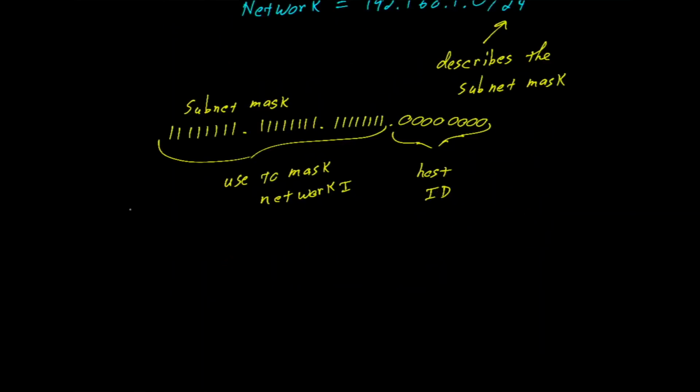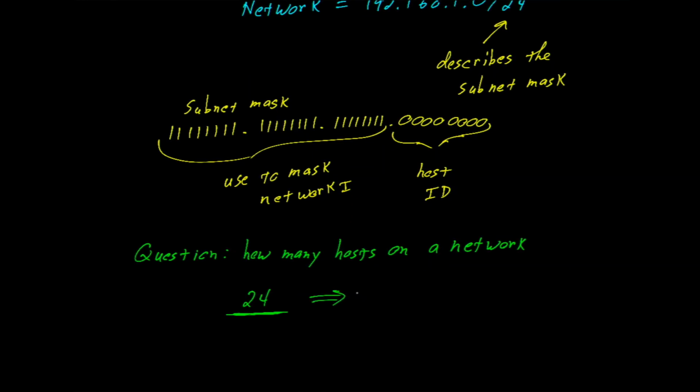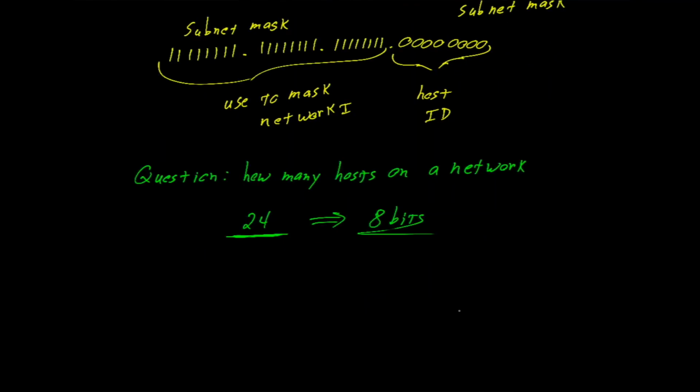That brings up the question, how many hosts can be on a network? For this particular case, if there are 24 bits for the network identifier, that leaves 8 bits for the hosts. How many things can you describe with 8 bits? Way back from day 1, you'll remember that that question is answered as 2 to the n is equal to the message space.